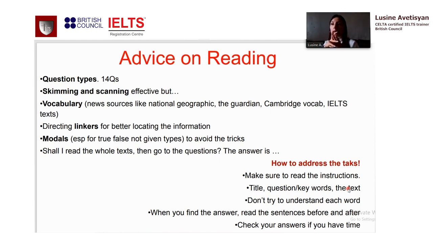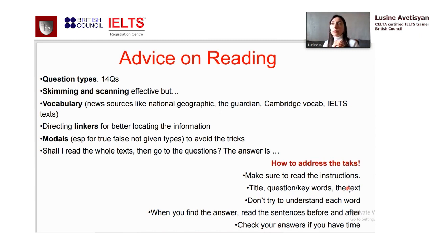How to build vocabulary, where to find these words, you would say. There are so many sources, like news sources. National Geographic and The Guardian are some of the websites or newspapers which I definitely recommend to students because reading passages themselves are sometimes very, very similar to the texts that you will see on the National Geographic or The Guardian websites.